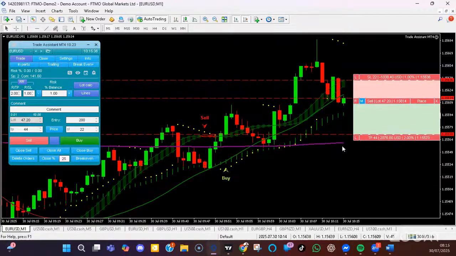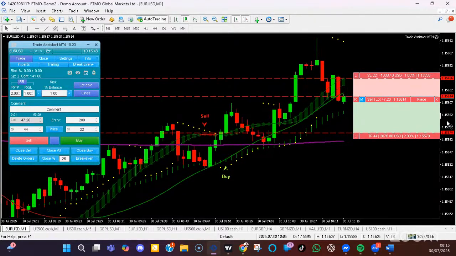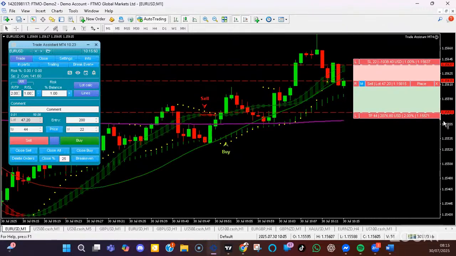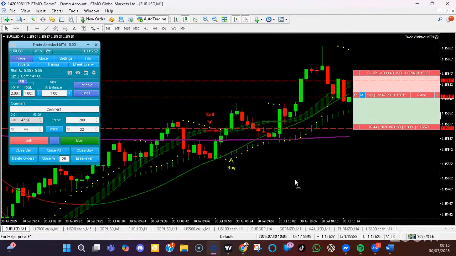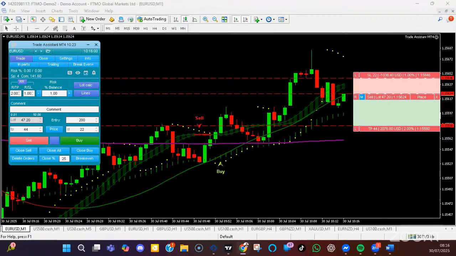My 2% will be down here somewhere, if we get that far. If they haven't got a bigger picture for a bit more of a buy. But we're here waiting.